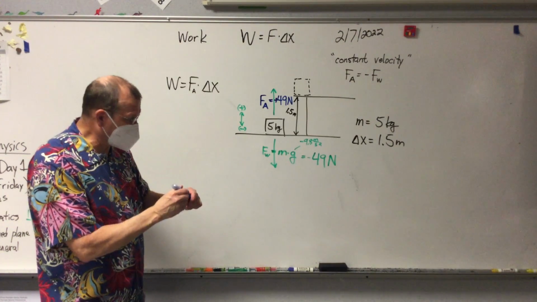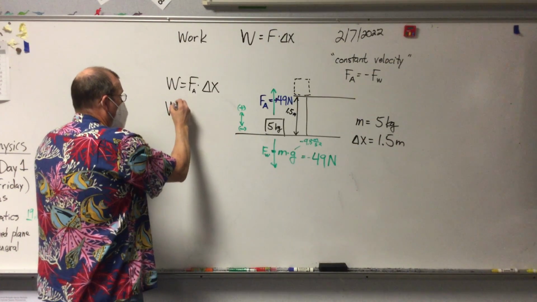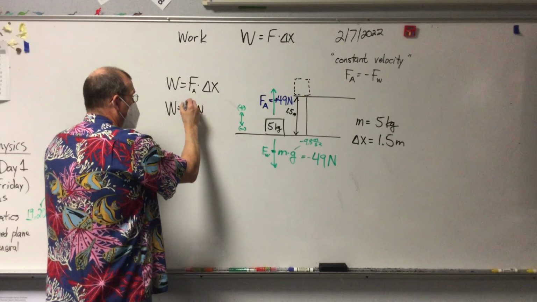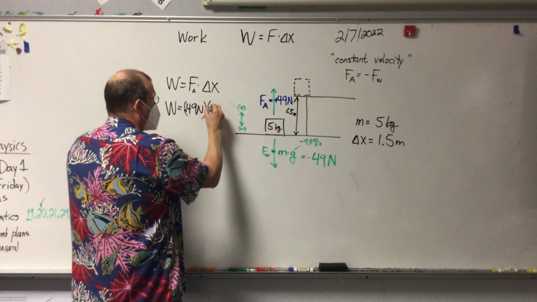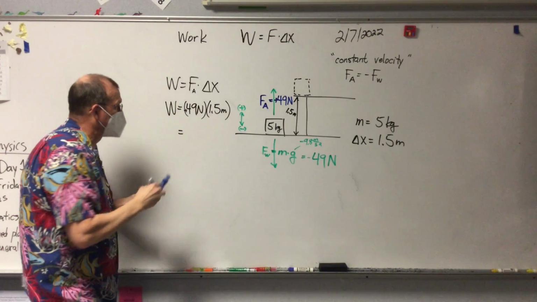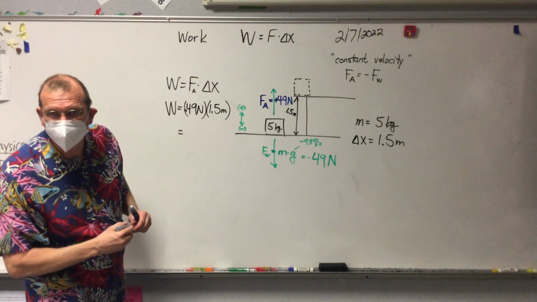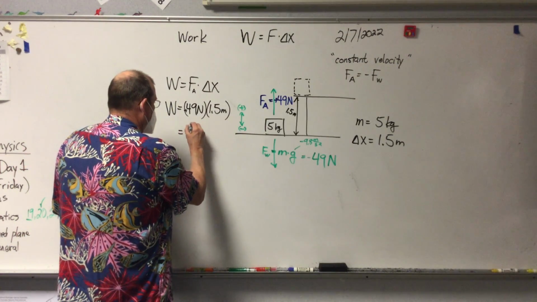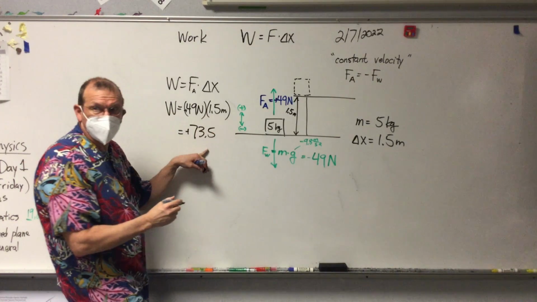So now, to finish calculating the problem, all we need to do is take our 49 newtons, and I'm going to put the plus in there, multiply it by the 1.5 meters, okay? And what value do we get when we take 49 times 1.5? 73.5. Positive 73.5. And what unit will now go on this?